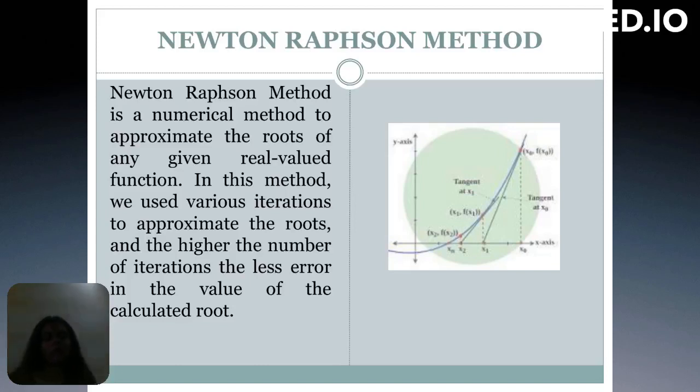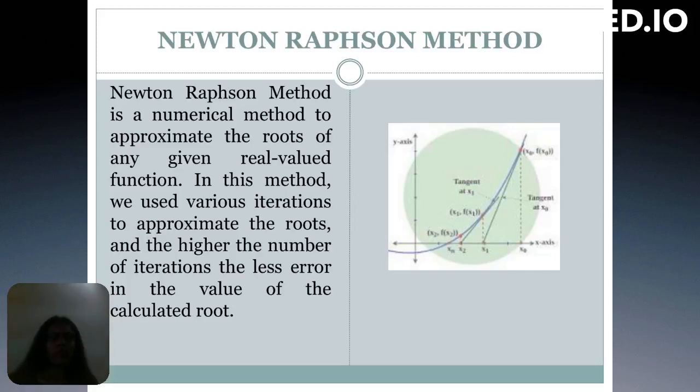And the last topic is the Newton-Raphson method. This method is also a numerical method which is used to approximate the roots of any given real valued function. In this, we use various iterations to approximate the roots.